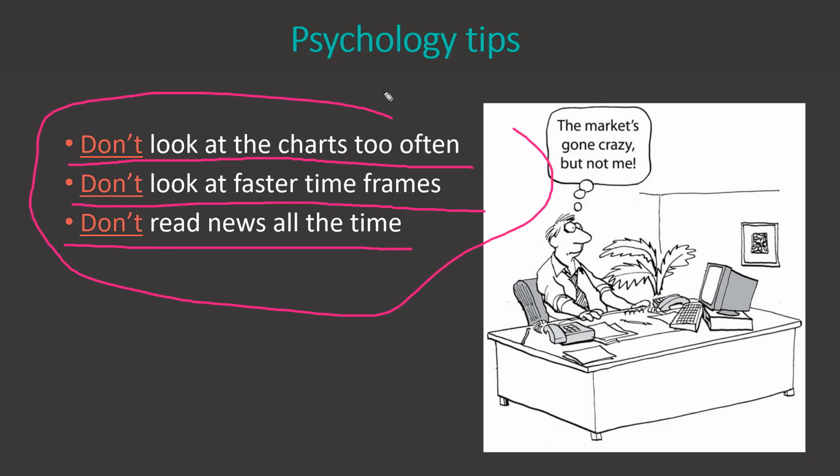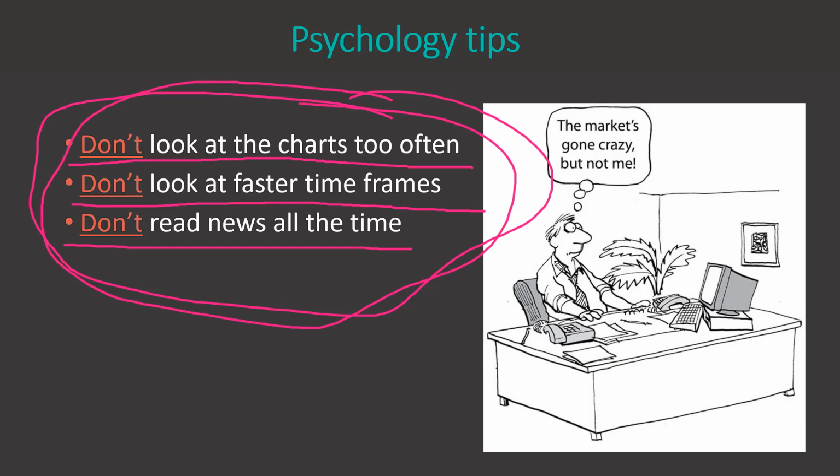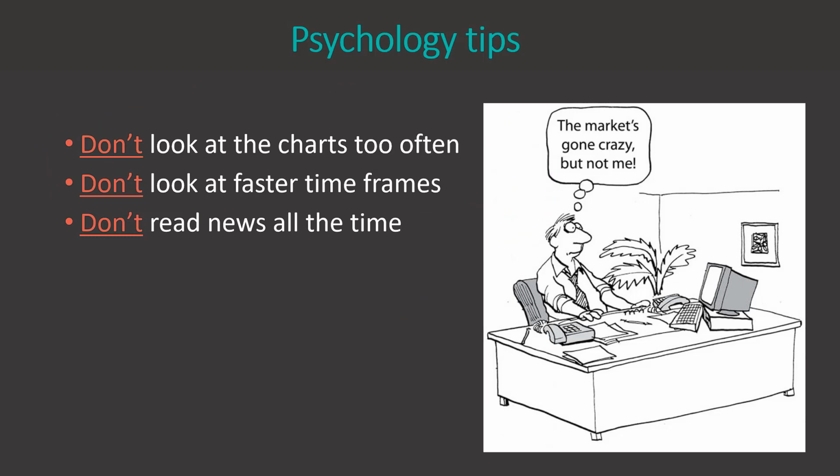Doing those things would only make you nervous, that would make you emotional, and being nervous and emotional usually negatively affects your trading plan. So don't do that. Those are the three tips on how to stay sane trading on those high time frames like daily or weekly charts, doing those long-term trades. That's how you stay sane.